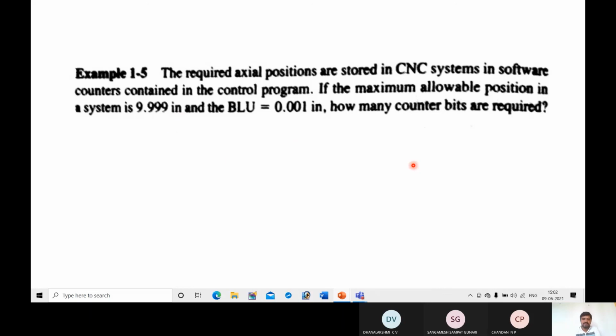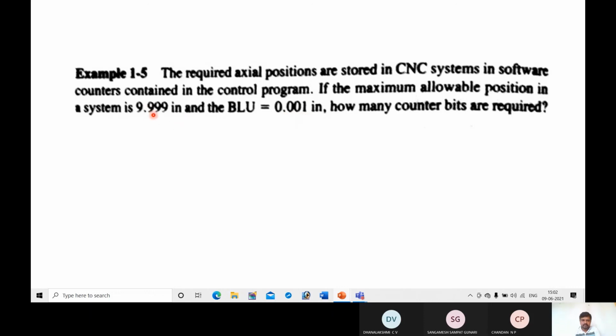It may be along the x-axis, y-axis, or z-axis, that we don't know. In any axis, if you want to store movement from the starting point to the destination, the distance is 9.999 inches and the basic length unit is 0.001 inches.